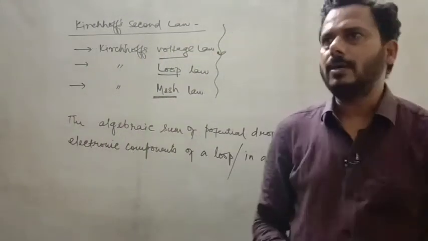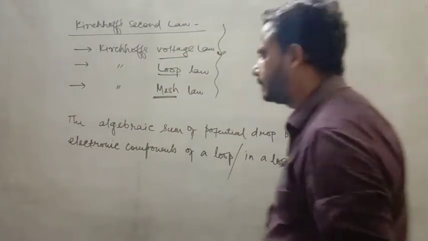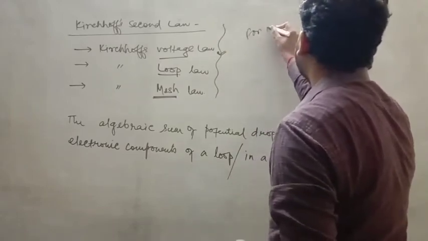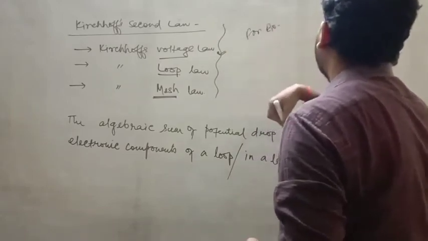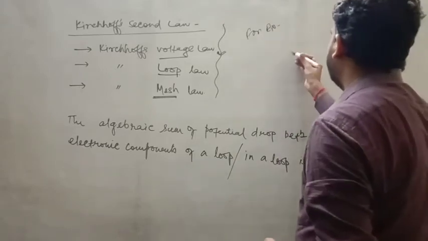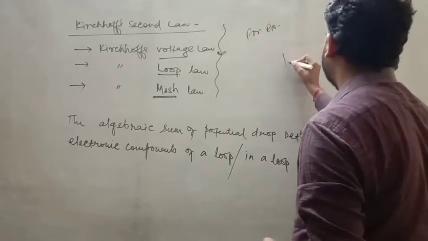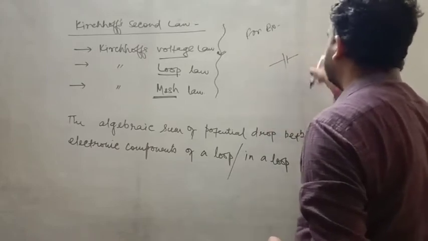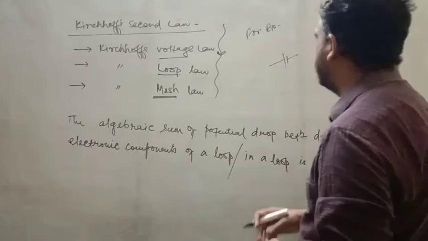simply you have to take a loop. For example, here I am just taking a loop. You are seeing here that there is a loop in which different electronic components are there.